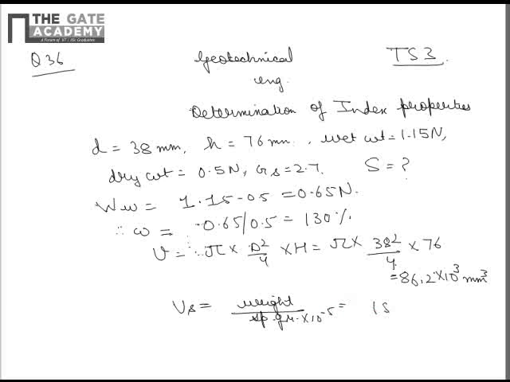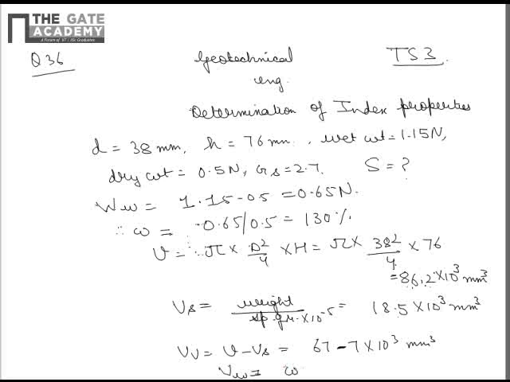So that comes out as 18.5 into 10 to the power 3 mm cube, and volume of voids will be total volume minus volume of soil, that is 86.2 minus 18.5 into 10 to the power 3, which is 67.7 into 10 to the power 3 mm cube.